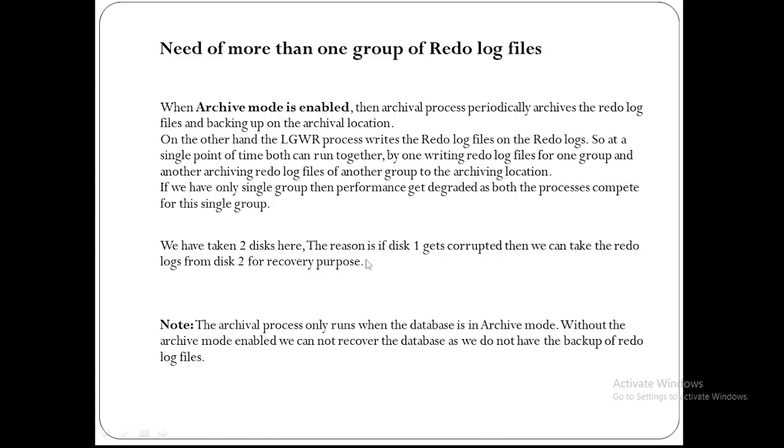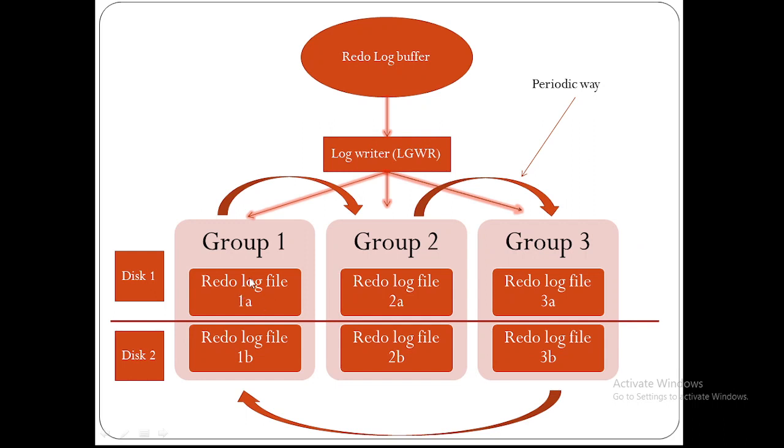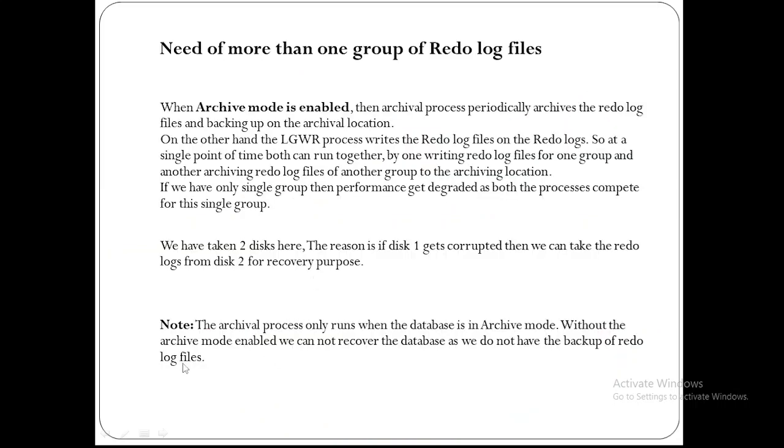This is for the sake of maintenance and security, and for disaster recovery. In case of failure, if disk 1 gets corrupted, we can get those redo log files from disk 2.